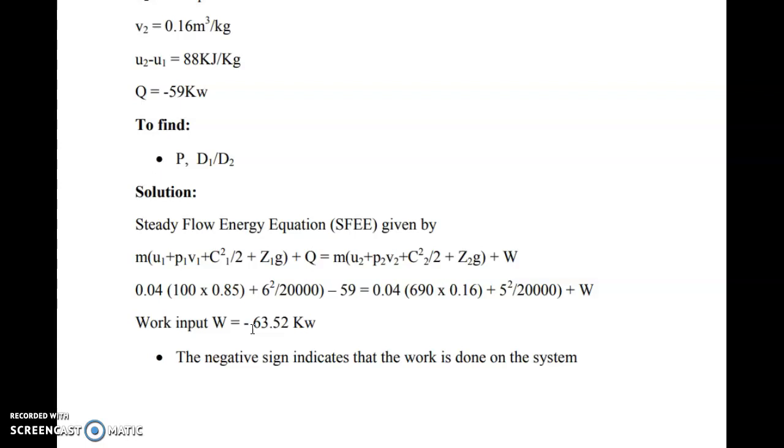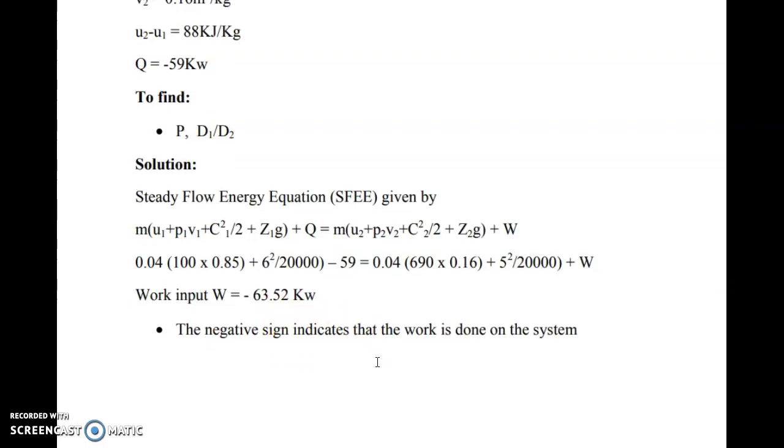If we give work to the system, we have to take this as negative work. Okay, so that's why the negative sign indicates that the work is done on the system. Suppose if you are getting work from the system, means you will be getting the positive numerical value. Example, if you take a turbine where we will be getting the work, in those situations the value will be positive.